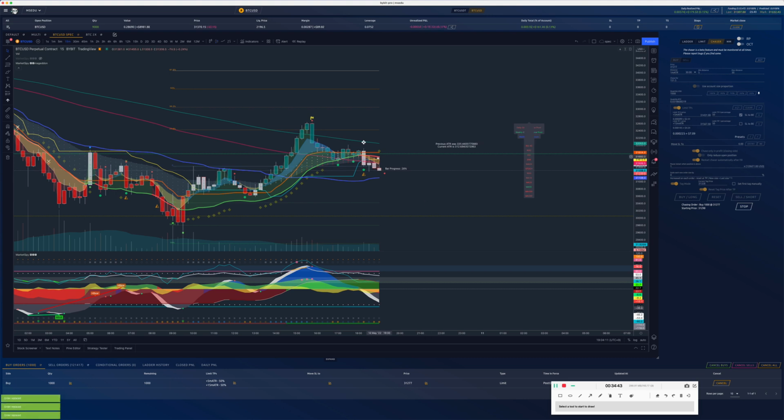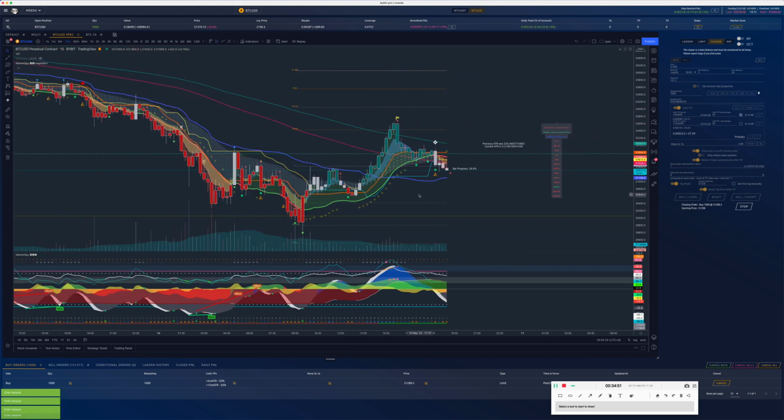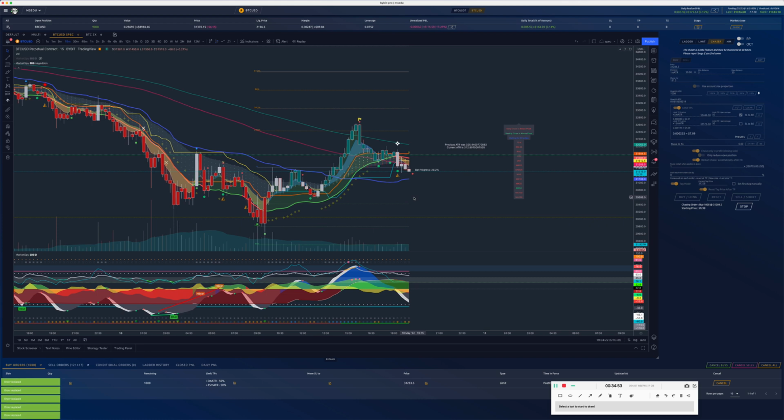We're not in trouble as long as this is flat and is not pointing at a 45-degree angle to the downside. We should be okay. This means that this is a highly choppy environment, and we're going to be ranging, going up and down. Smaller moves to be expected here.